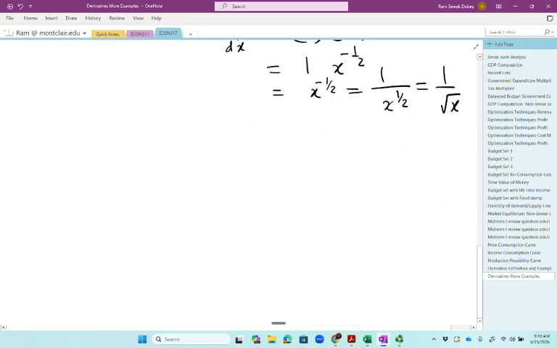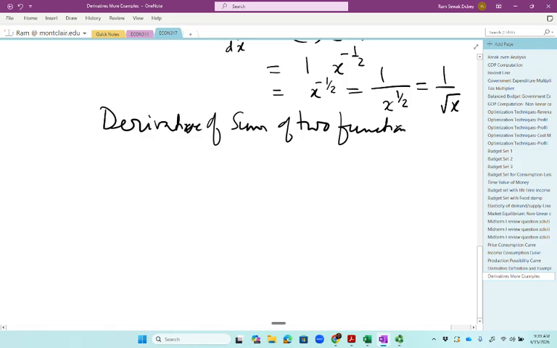Now I will go over at least 3 rules of differentiation. First, the derivative of a sum of two functions. So let me take y equal to f of x plus g of x.